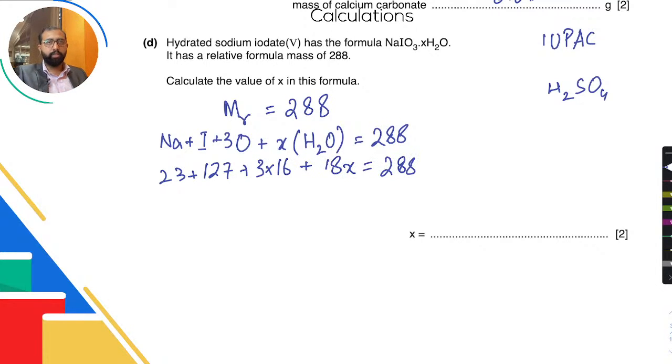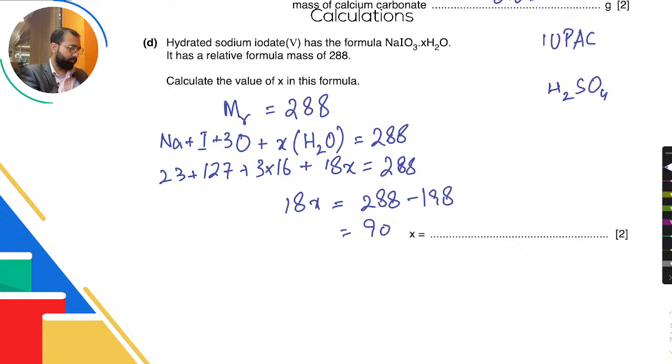Okay, so we just add everything up on this side and subtract it from that side. So 23 plus 127 is 150, plus 48 is 198. So subtract it from 288. That's 90. Let me confirm. 90. So x is 5.